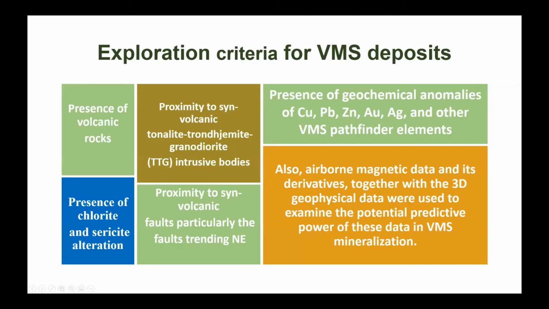Based on the characteristics of VMS deposits in the area, the following regional criteria were considered as possible vectors to ore in the Noranda area: presence of volcanic rocks, proximity to semi-volcanic tonalite, trondhjemite, granodiorite intrusive bodies, presence of geochemical anomalies for copper, lead, zinc, gold, silver, and other VMS pathfinder elements, presence of chlorite and sericite alteration, and proximity to semi-volcanic faults and shear zones, particularly the faults trending northeast.